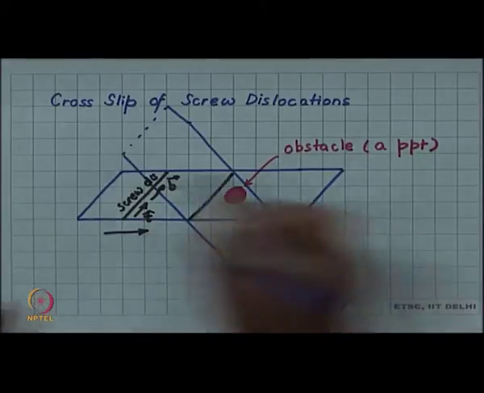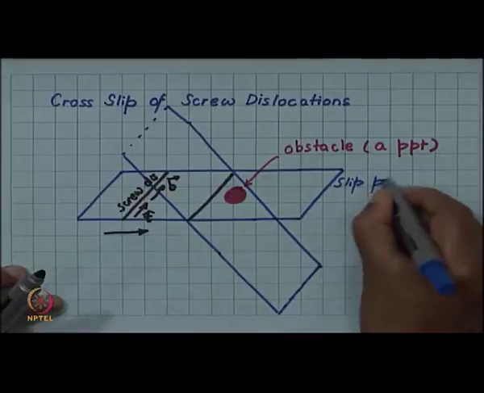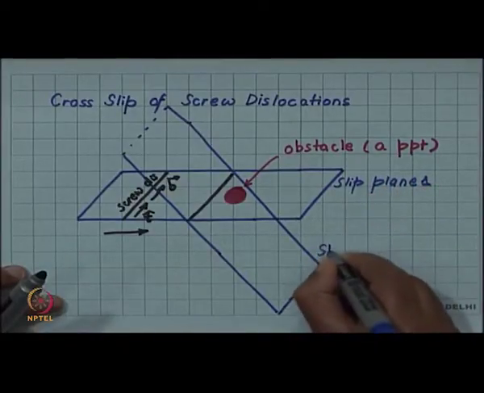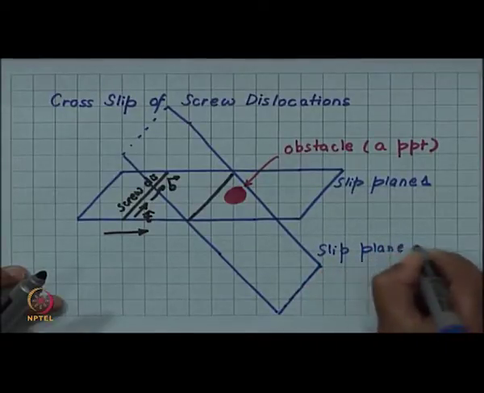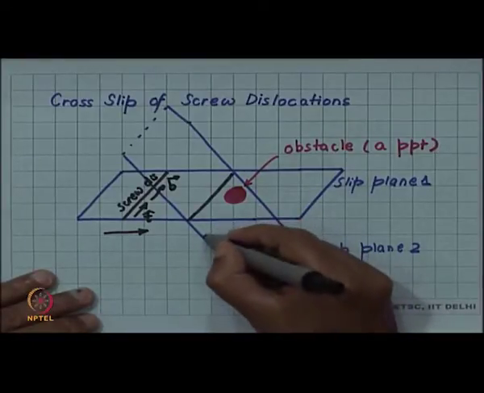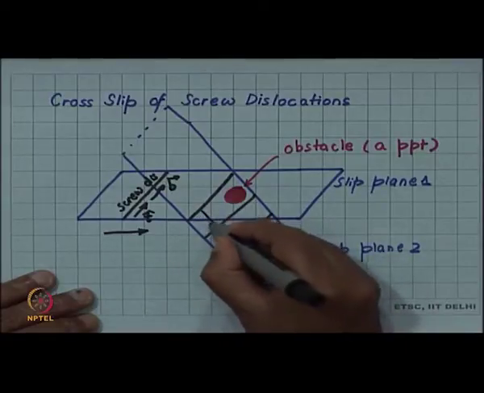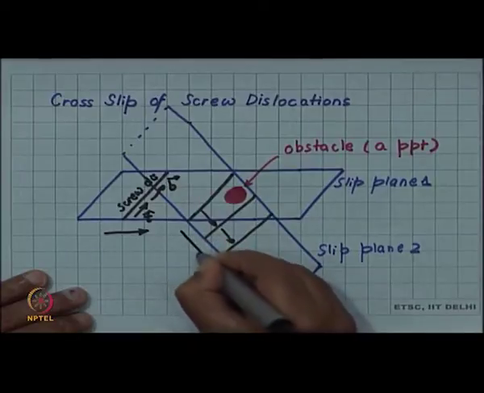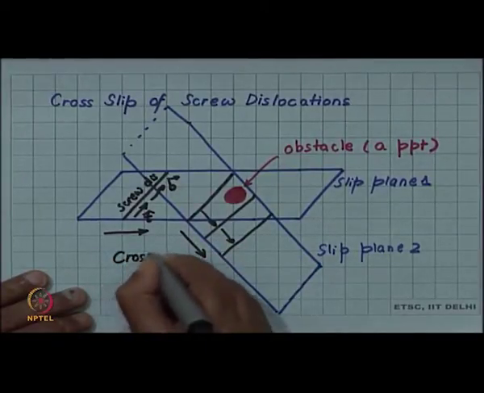So, if this is slip plane 1, and this is slip plane 2, the dislocation can avoid the precipitate particle by starting to glide in this direction. So, this change of the slip plane is what we call cross slip.